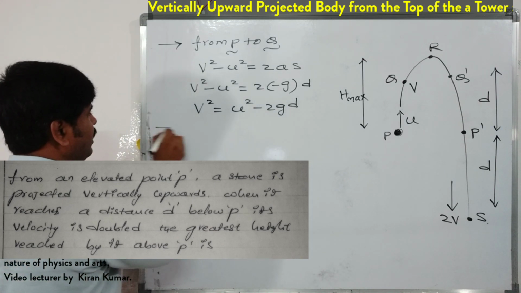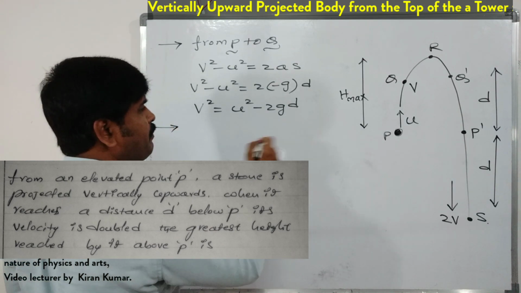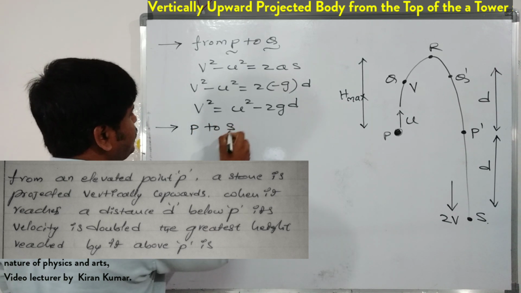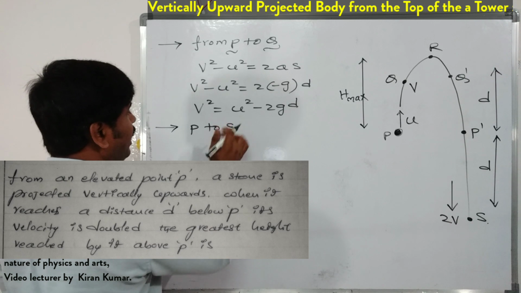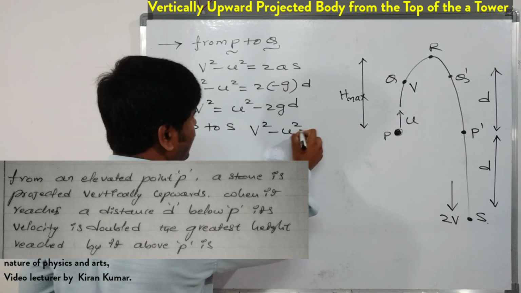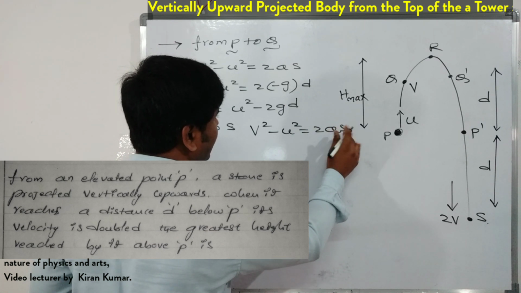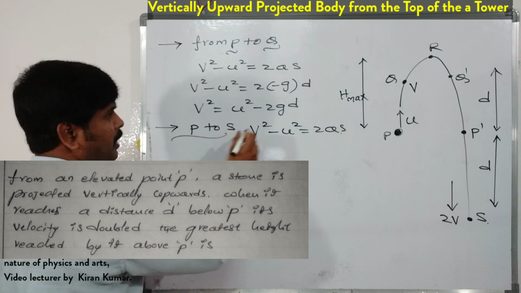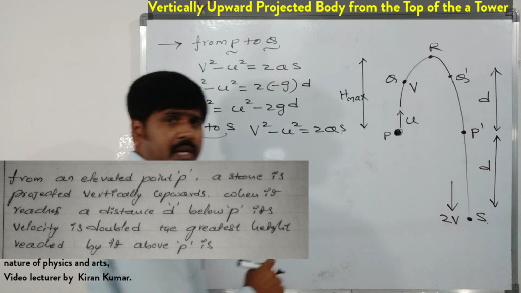Okay, and next taking the derivation from P to S position. P to what position here? S position. That is V square minus U square is equal to 2AS formula. So this is from P position to S position.